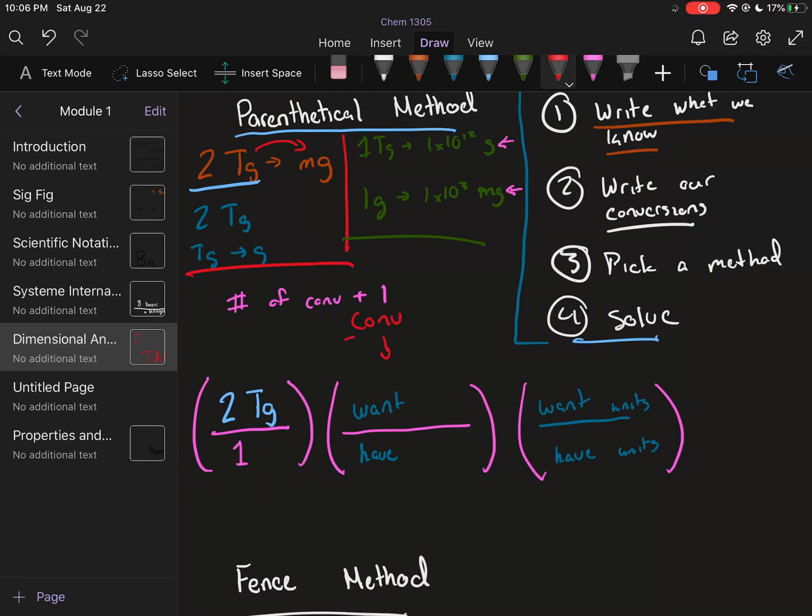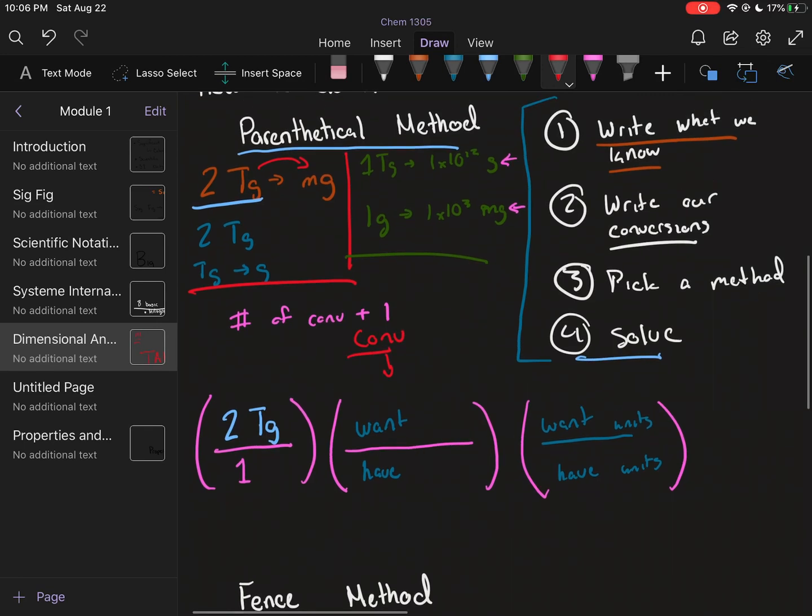So let's look at our conversions. What do we have and what do we want? In this first conversion, well, we have teragrams, denoted by this one. And according to this conversion ratio, what do we want? Well, we want grams.